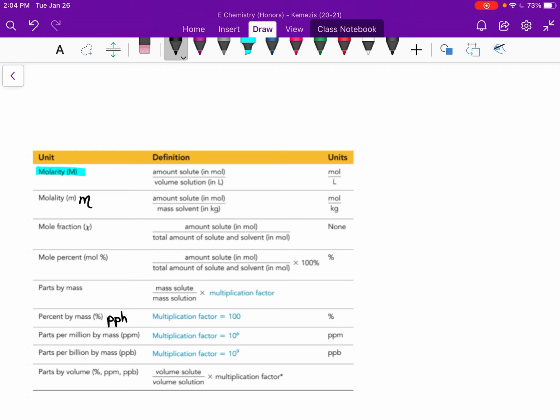Numbers that we like to work with are closer to 1. We don't want to deal with a number too large or too small. So we figure out a way to calculate it to get it to a working number. Notice for parts by mass, if I'm doing percent, ppm or ppb, I'm taking mass of solute over mass of solution and then multiplying it by whatever factor I'm interested in. They're all related to each other.